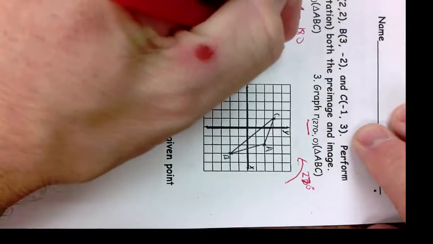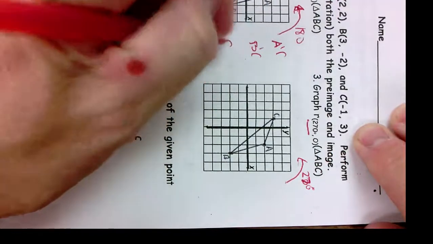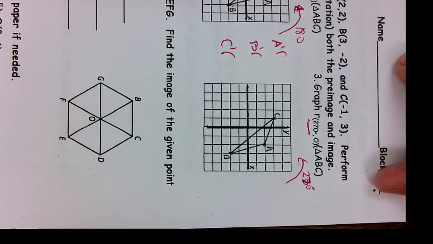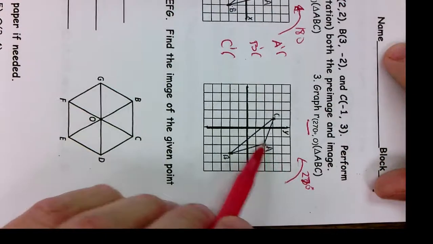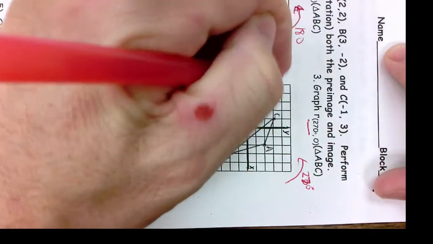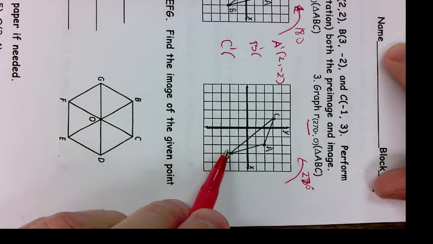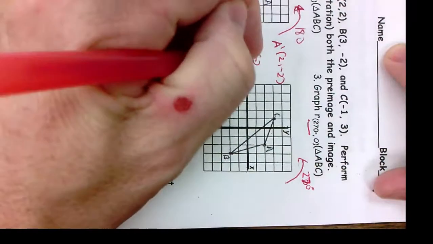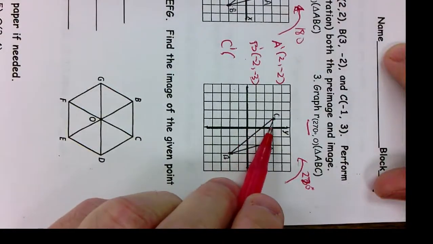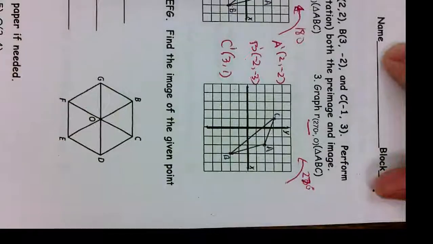And I'm ready to record where A prime, B prime, and C prime end up now that they've been rotated. So the A ends up at +2, -2 after the rotation. The B ends up at -2, -3. And the C ends up at +3, +1.